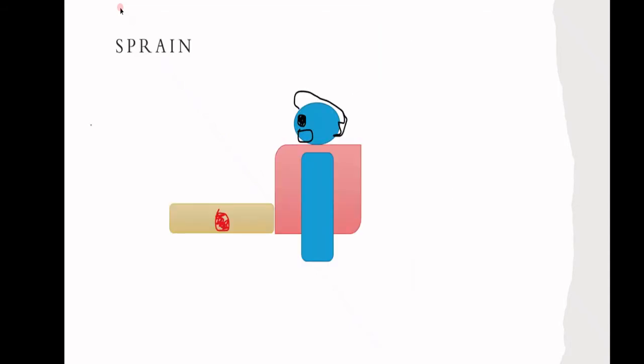Next is sprain. I know this does not look much like someone got sprained, but this red area over here is a sprain, the affected area. This is not that pleasing or promising, but I couldn't get anything for sprains. A sprain happens when a part of the body is twisted.